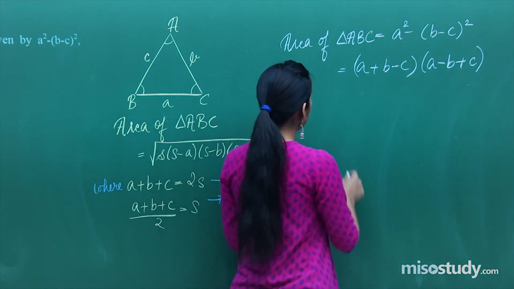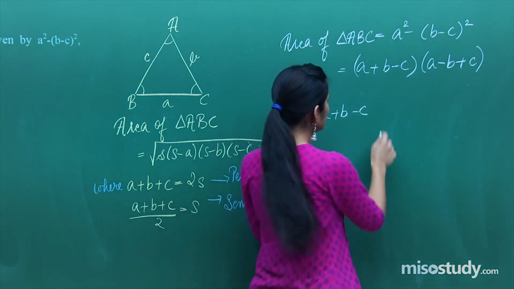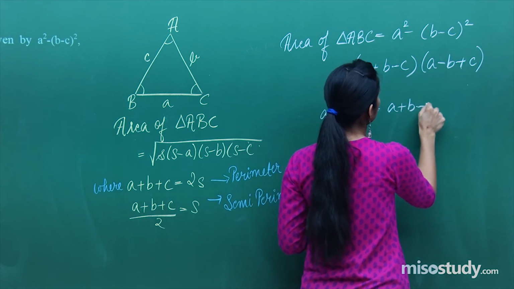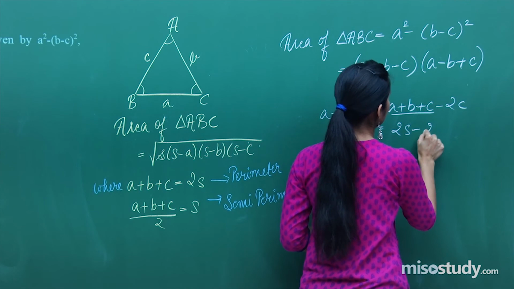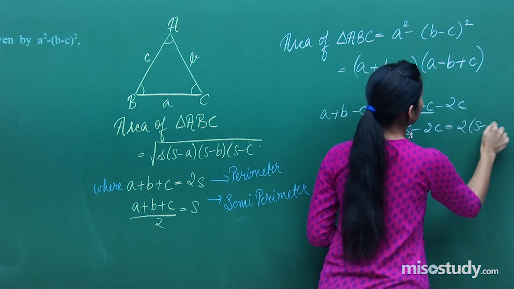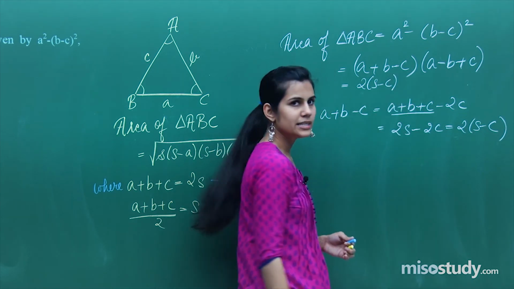Now, if I want to compute a plus b minus c, I can write it as a plus b plus c minus 2c. a plus b plus c is 2s, so it is 2s minus 2c, which is twice of s minus c.